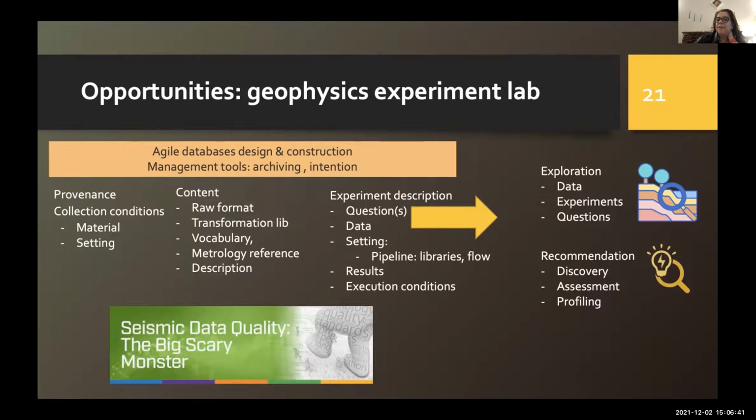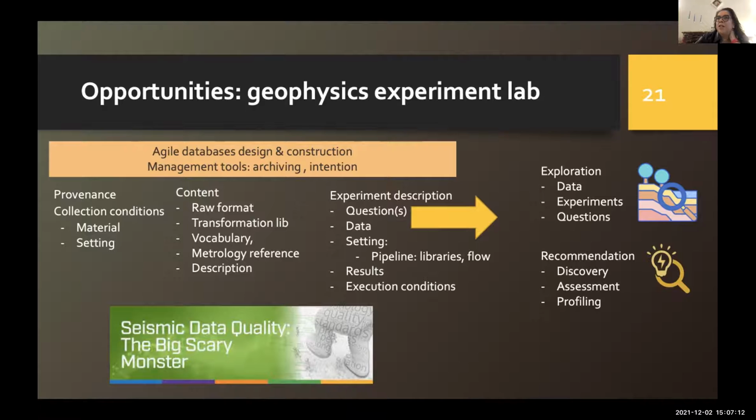Okay, just that. If I need to ask this question, which are the data that I should look for, which are the other experiments that have been run, and which are related questions that I can ask for a specific problem. And then if we manage to do this, the second ambition that would be addressable with less huge resources would be recommendation.